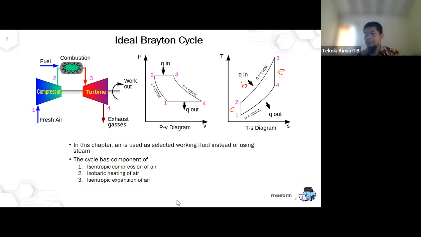So please remember, when the expansion or compression involves any moving parts, it is always assumed isentropic at the ideal condition.